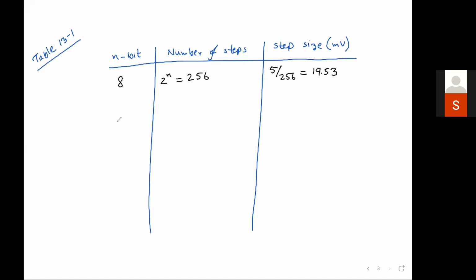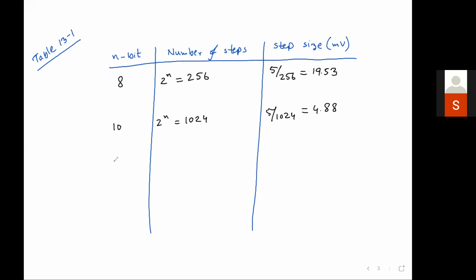Now let us increase the resolution to say 10-bit. So apply the same thing. 2 to the power n will give us 1024. The next process is still the same, 5 divided by 1024, and you will see that now this is capable of detecting change to as low as 4.88 millivolt.